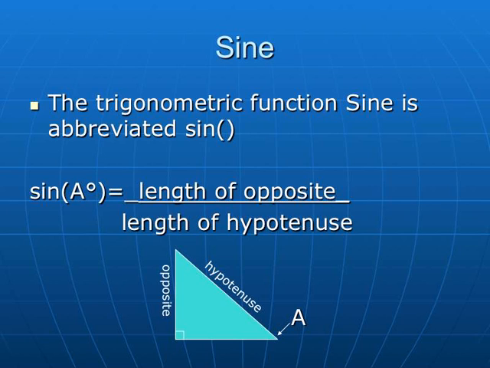And as y'all know, guys, the sine is the length of the opposite side. When I say the length of the opposite side, I mean opposite of the angle. So if I'm talking about angle A, then the opposite side would be the side that does not touch angle A. And it's the length of the opposite side over the length of the hypotenuse.